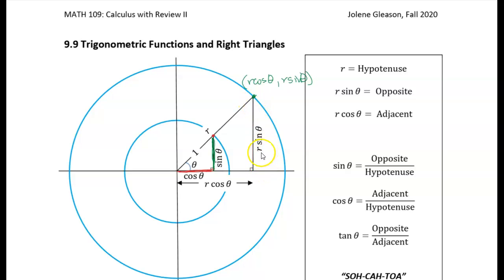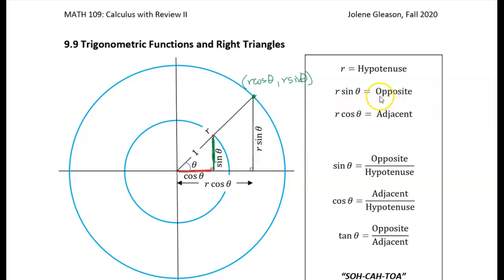Now, we're going to name the side opposite the right angle. We're going to call that the hypotenuse. And then given an angle, in this case theta, the side that is opposite that angle we're going to call the opposite side.